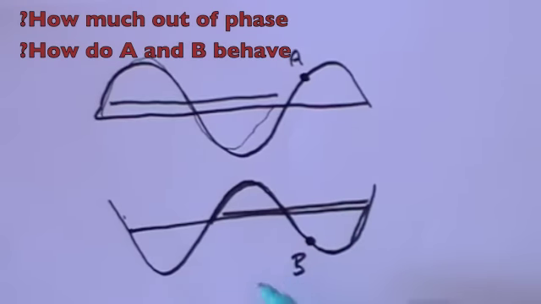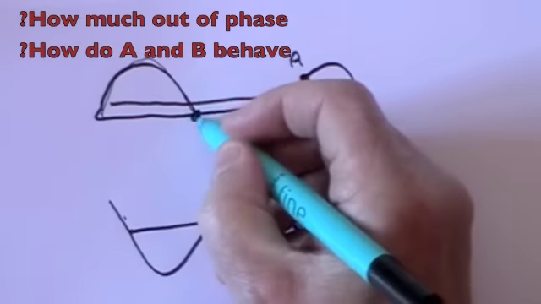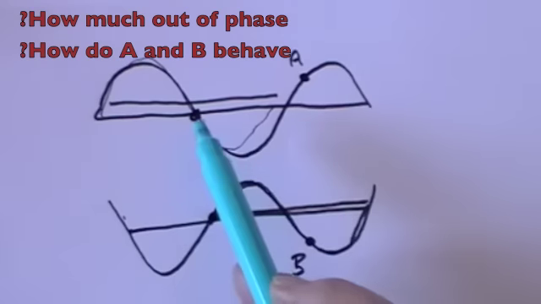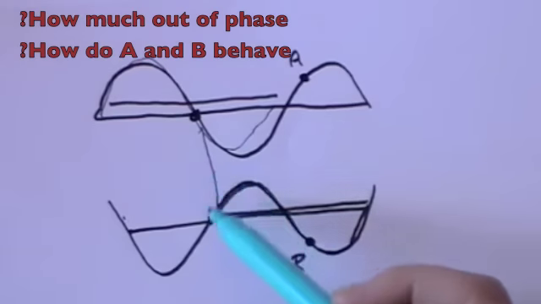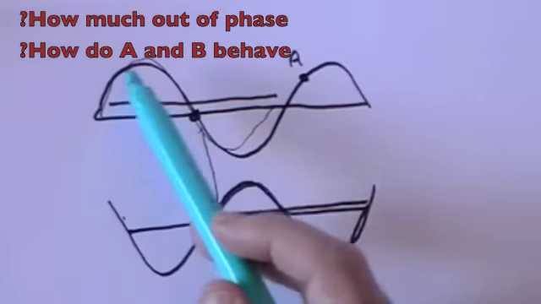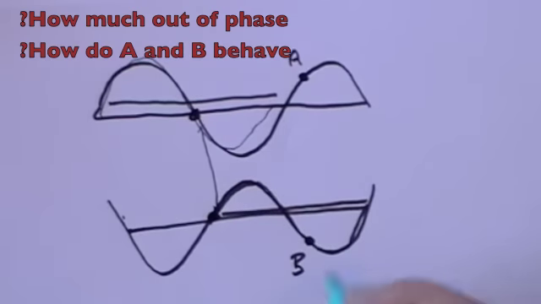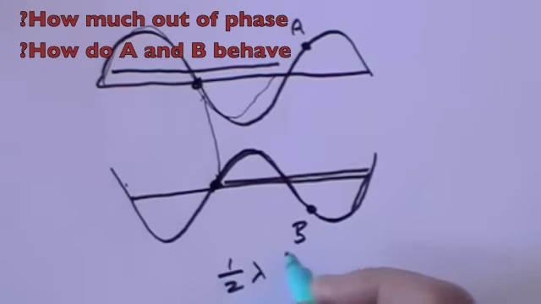But if you look, you'll notice that this wave starts, or it should do, when that wave is halfway through. So if you like, this wave is half a wavelength behind, that should be a vertical line. This wave starts when that wave is halfway through. So this wave is half a wavelength behind.